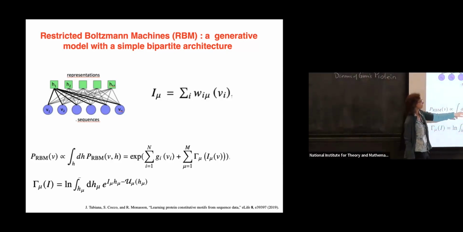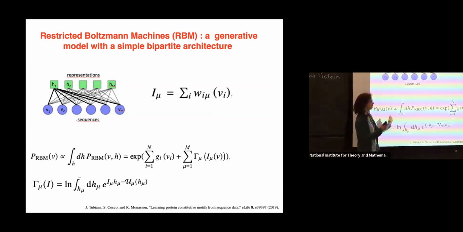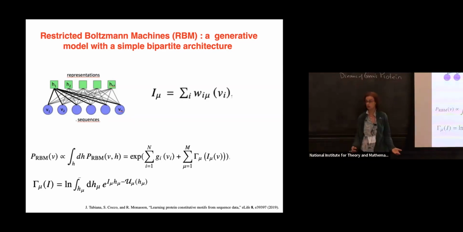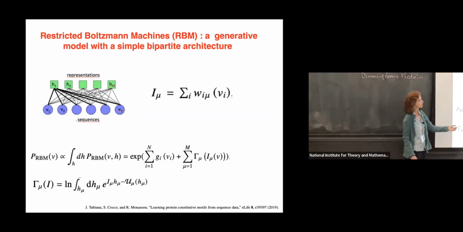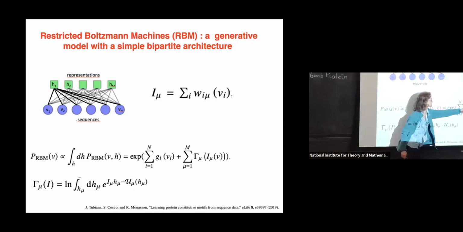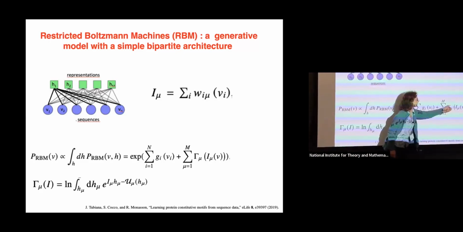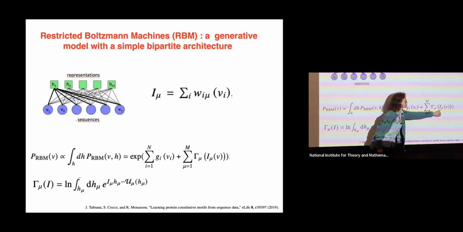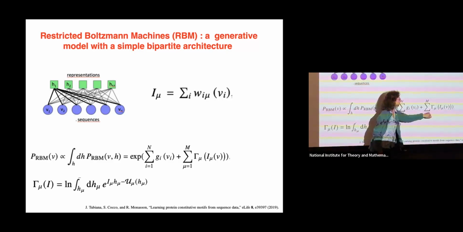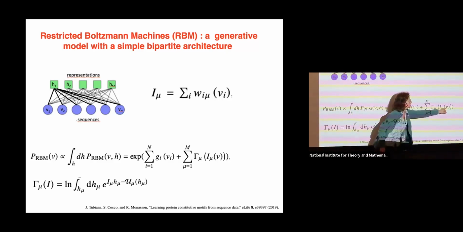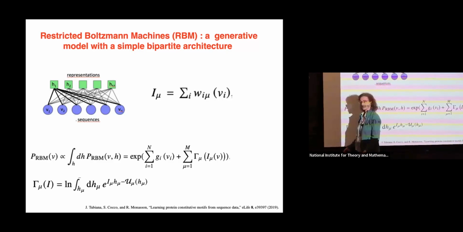And it can be written as the exponential of minus an energy, which has local fields potential plus a potential which depends only on the input of each hidden unit, which depends on the sequence.